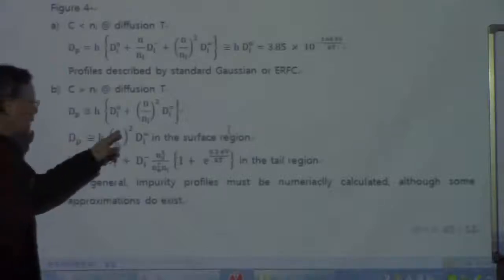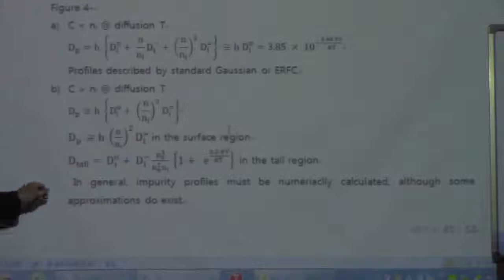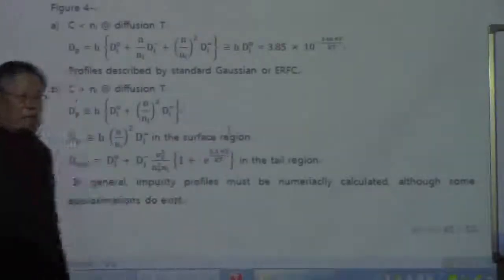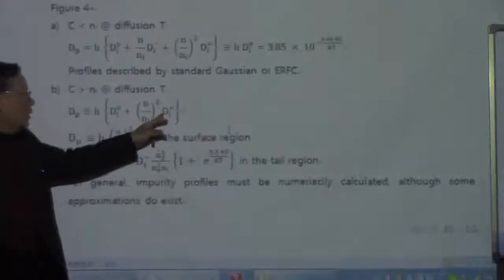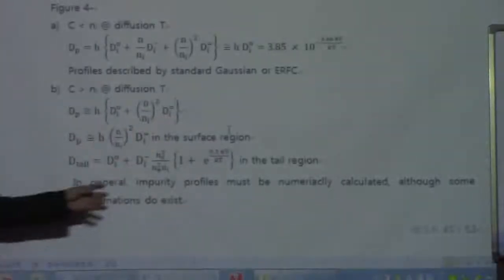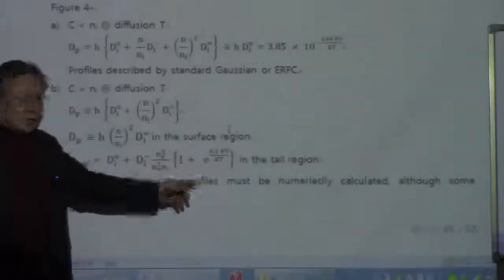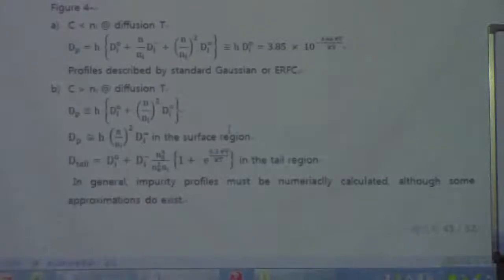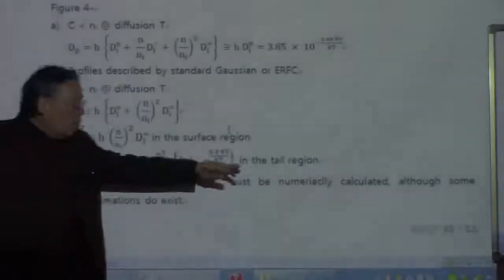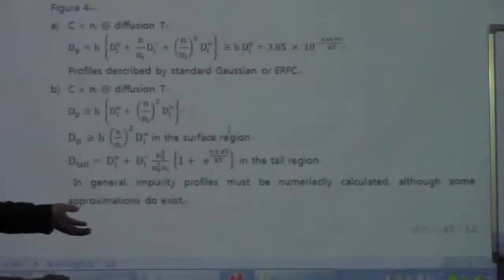At the surface the proportionality is going to be n squared, but in the tail region we have extra vacancies coming from the dissociation of V double minus into V minus, and the ratio is going to be something like this, 0.3 electron volts per kT. So at the tail region we have an enhancement of the diffusion, and this is not good news in a normal situation.